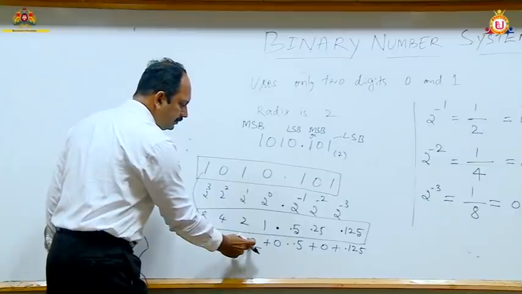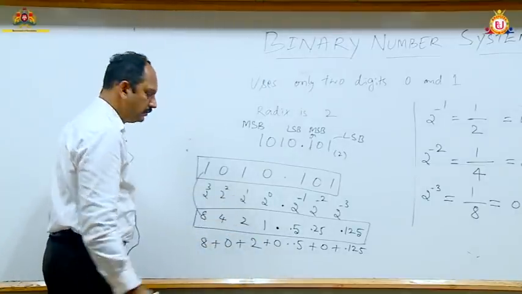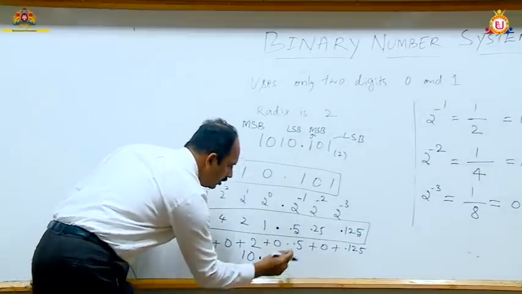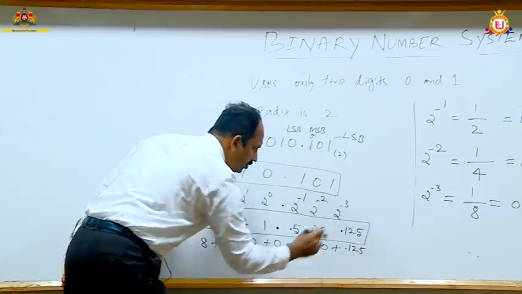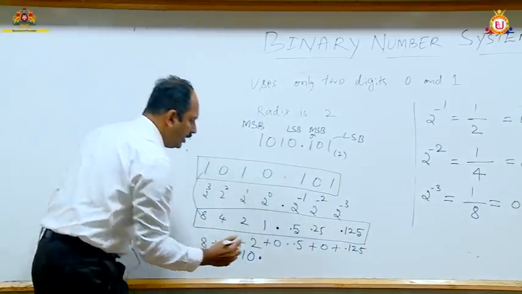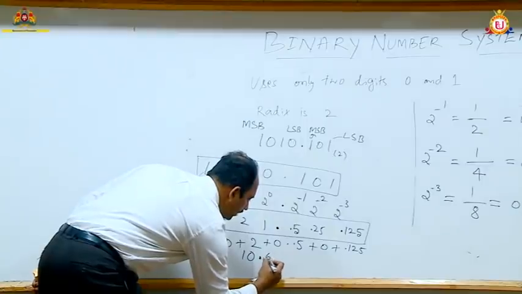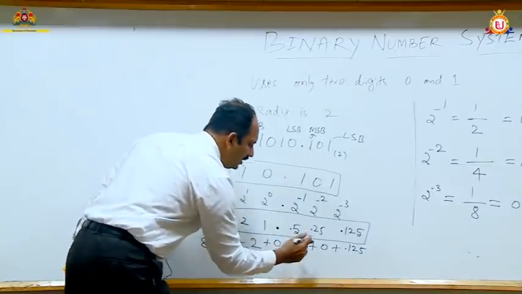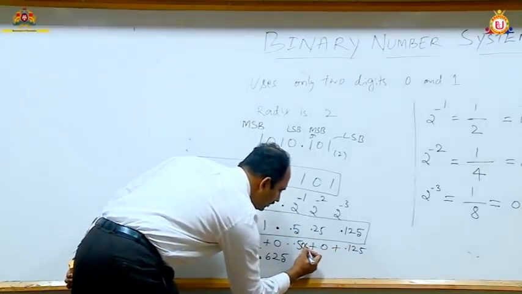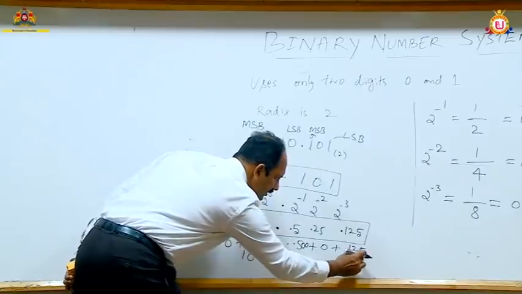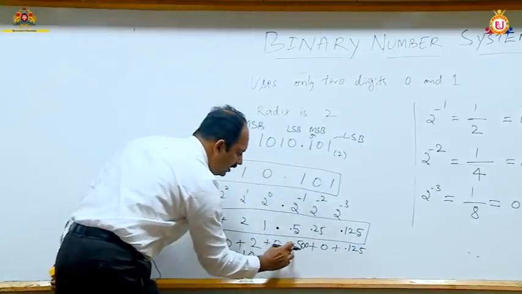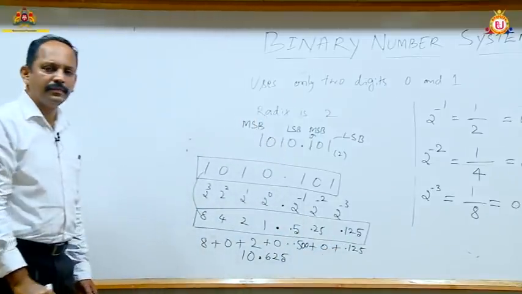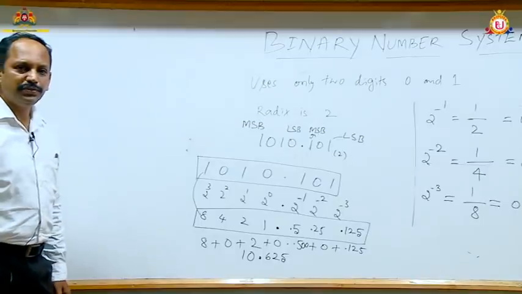What is the net value of this? 8 plus 2 is 10. So, the integer part is 10 point. What is 0.5 plus 0.125? That comes to 0.625. You can write 0.5 like this, making the length equal to this digit, then you will understand: 0.500 plus 0.125 is 0.625.